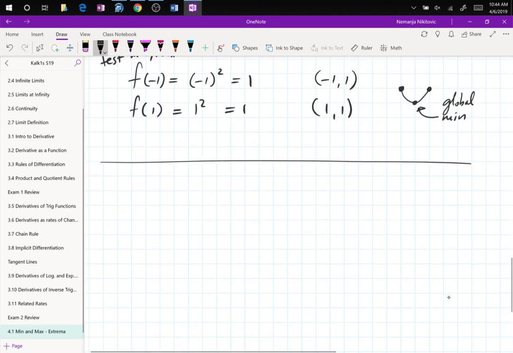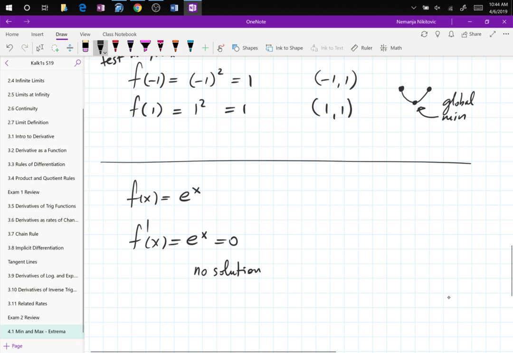Then we take a look at, let's say, f of x equals e to the x. So we take the derivative of e to the x, which is e to the x, and set it equal to 0. What do we get? We get no solution, right?